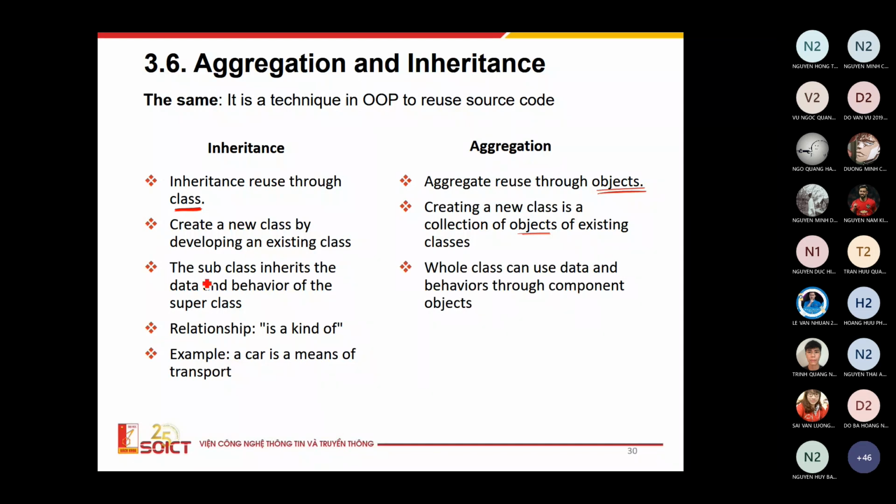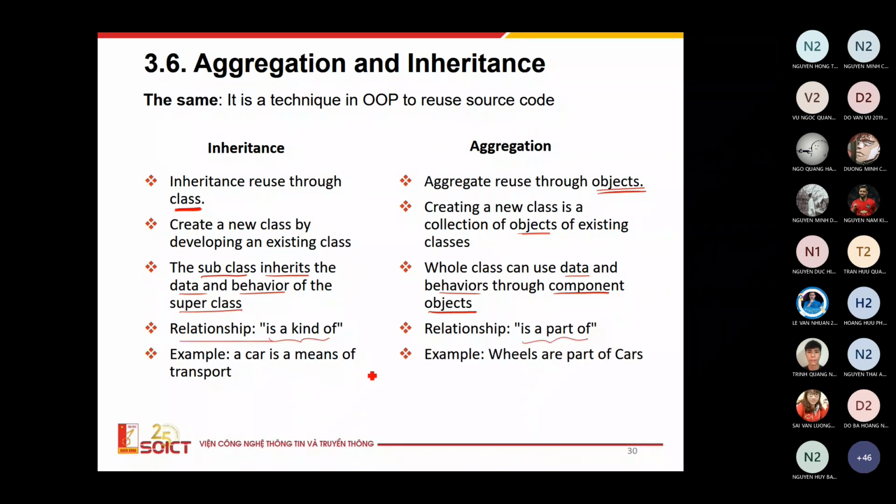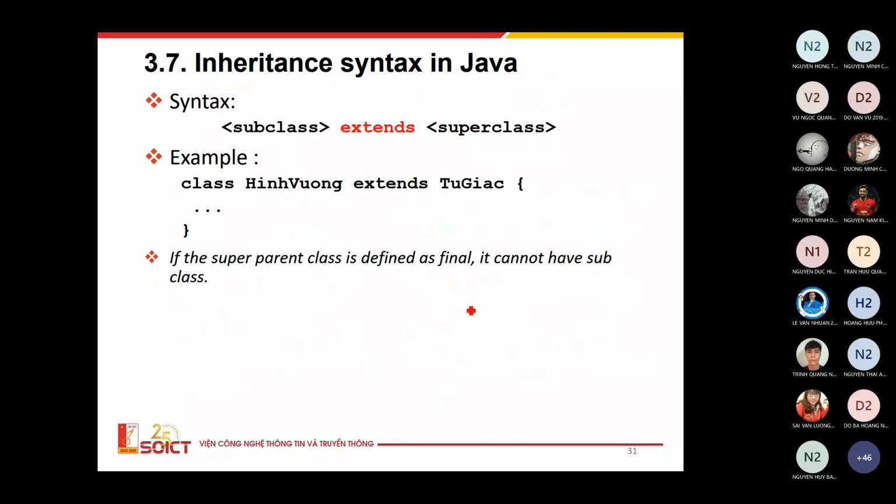A subclass will inherit the data and behavior from the superclass, and in aggregation you reuse the data and behavior through the component object. For inheritance the relationship is 'is a kind of', and for aggregation it is 'is a part of'. For example, a car is a means of transport, and a wheel is part of the car. So this is the summary of the difference between them.